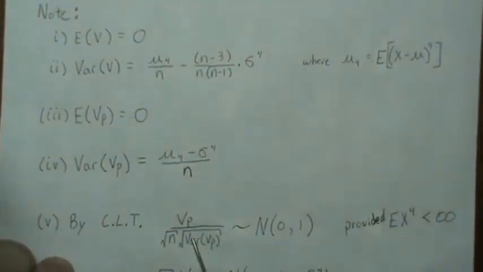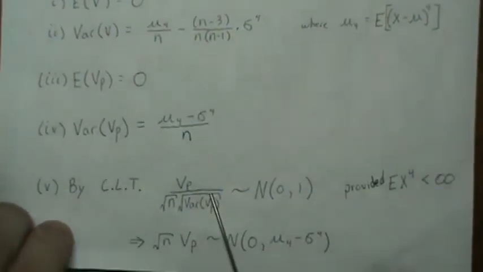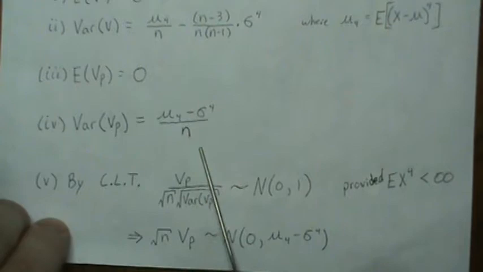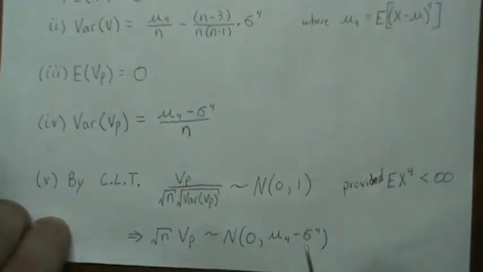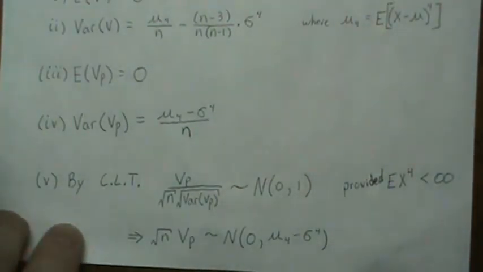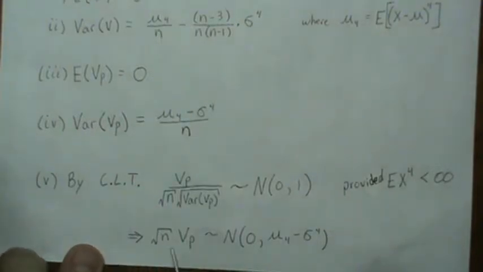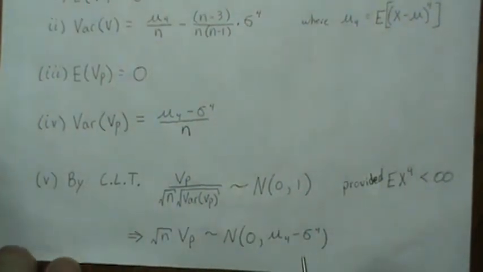And then you can substitute this in here, leave the n over here, and take the constants over here, so our limiting distribution of our projection is normal 0, comma mu 4 minus sigma 4. So now we're getting close.